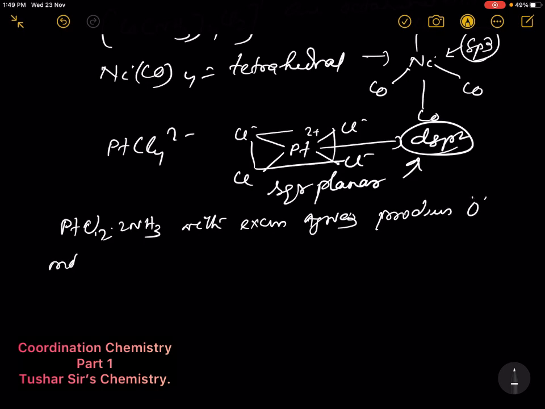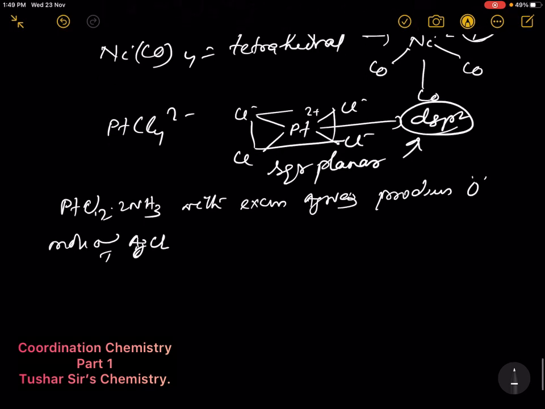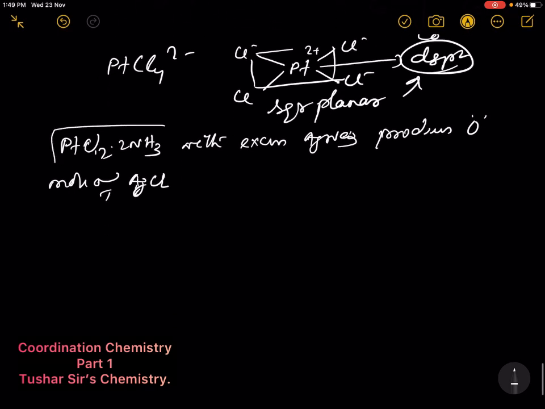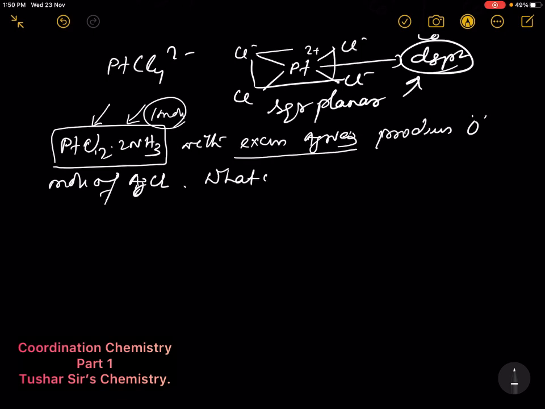Here you see this complex compound is treated with excess silver nitrate, and here we have taken 1 mole of PtCl2·2NH3, which with excess silver nitrate produces 0 moles of AgCl. Then what is the secondary valency of this complex compound?